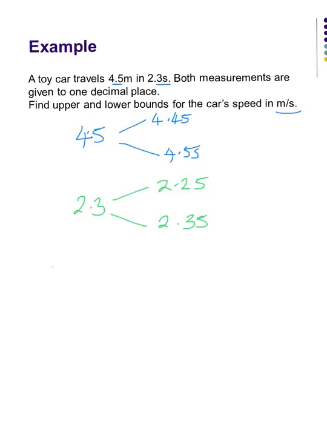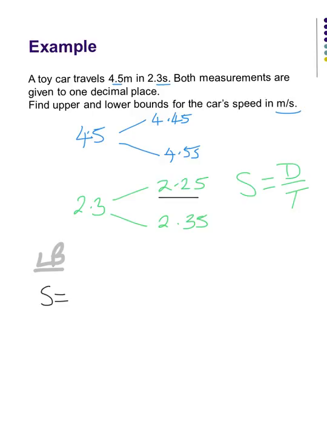So we know that speed equals distance over time. If I want to work out the lower bound for this car's speed, I want the smallest distance over the largest time.